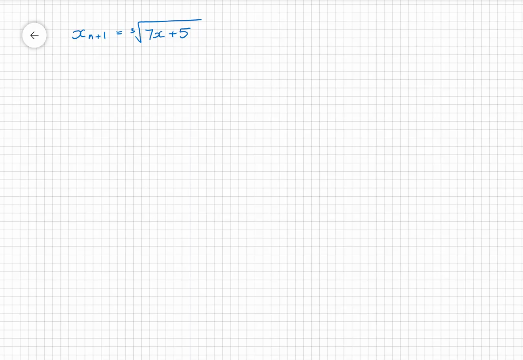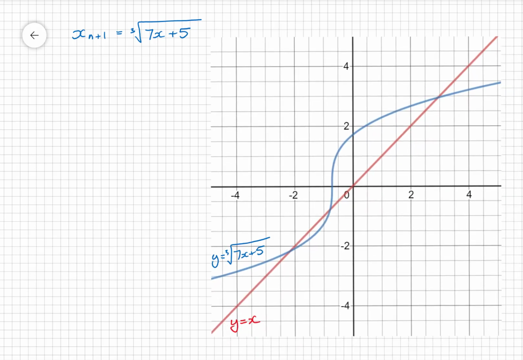Let's look at that graphically. So here are the graphs. First in red the line y is equal to x, and in blue our g of x function, the cube root of 7x plus 5. And remember that where the curve and the line intersect are the positions of the solutions of the original equation.